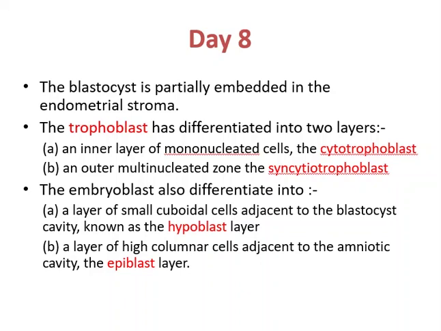So the embryoblast also differentiates into two layers, hypoblast and epiblast. The hypoblast is the layer of small cuboidal cells adjacent to the blastocyst cavity, and the epiblast is made of high columnar cells adjacent to the amniotic cavity. So near the yolk sac we have the hypoblast, and near the amniotic cavity we have the epiblast.